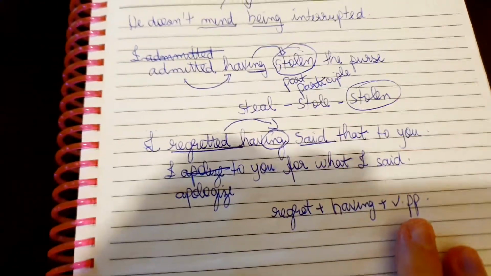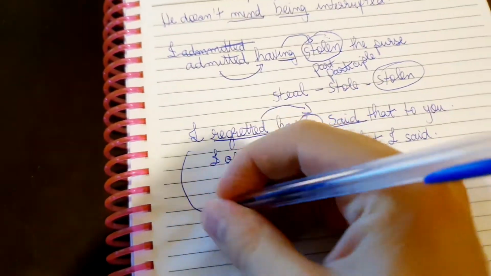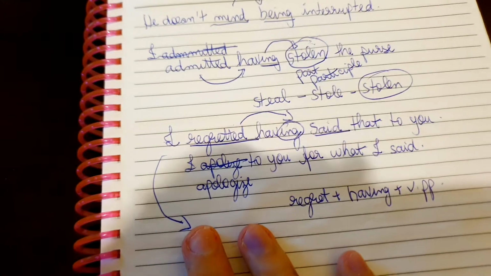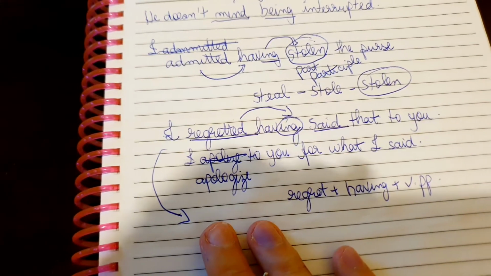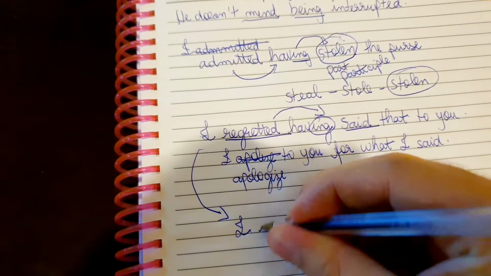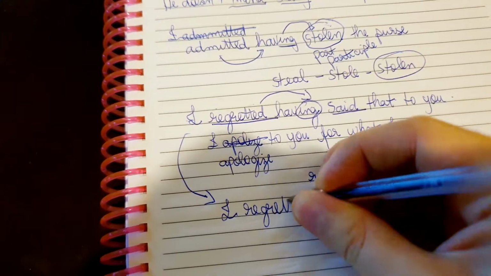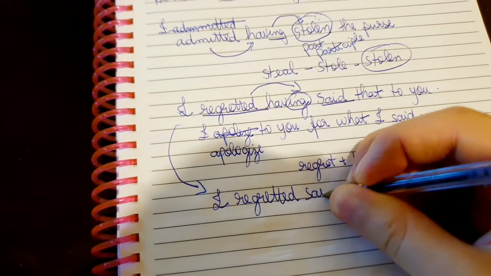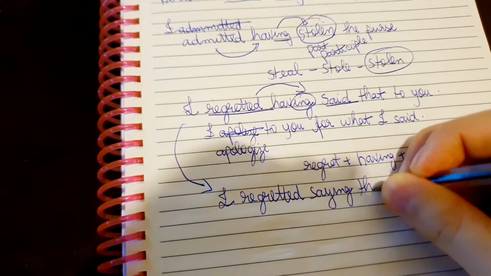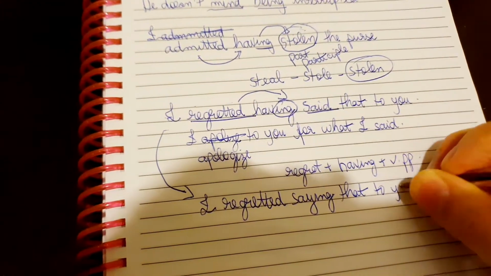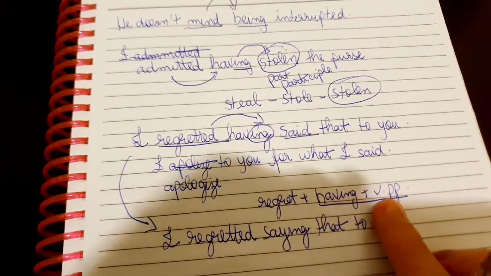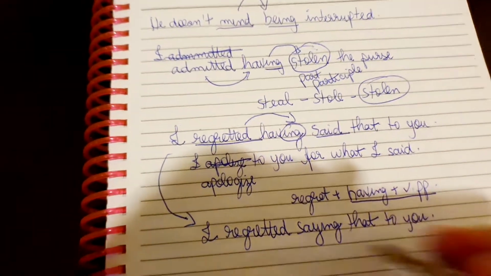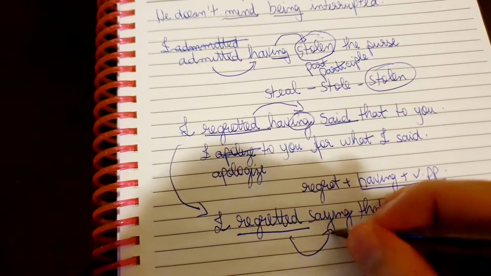So it's completely possible. But it's also possible to use the conventional structure. I regretted saying that to you. So it's not necessary to write using having plus a verb in the past participle. You can simply write that way.